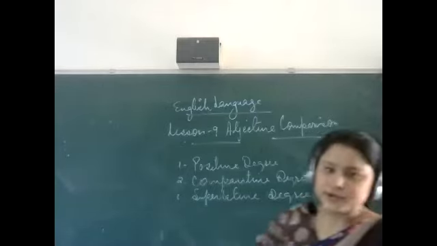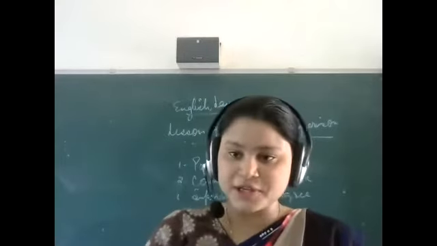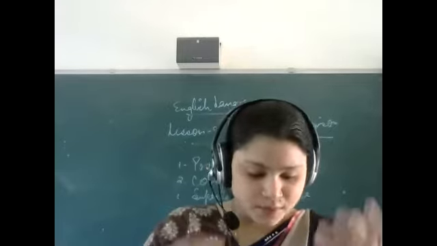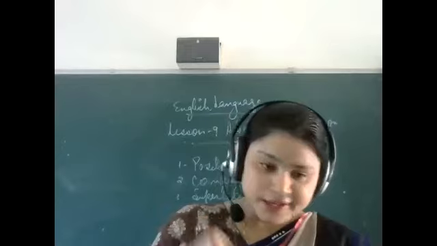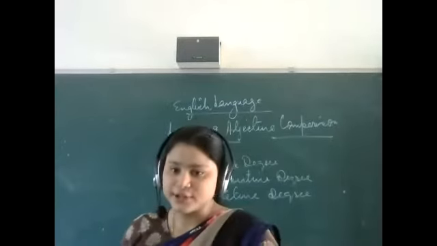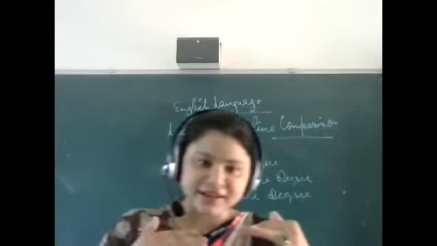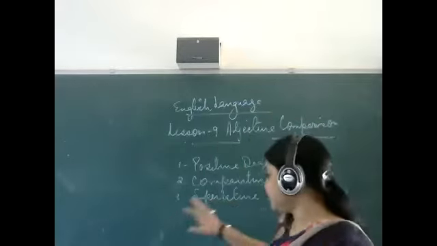I told you yesterday what positive degree is. The definition of positive degree is given on page number 48 of your book. It is used either to describe a single thing or to make a comparison between the same level. If you want to do comparison between the same level, we have to use positive degree.